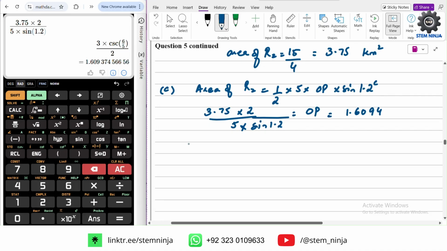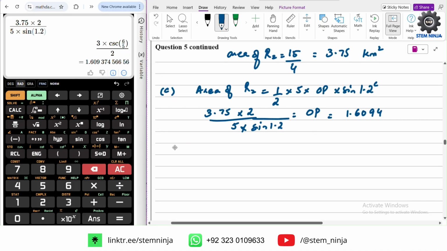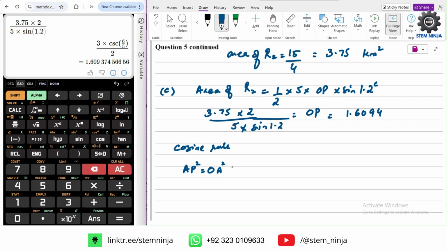So now we need AP, so for that we can use the cosine rule. AP squared would be OA squared plus OP squared minus 2 times OA times OP times cos of 1.2 radians.